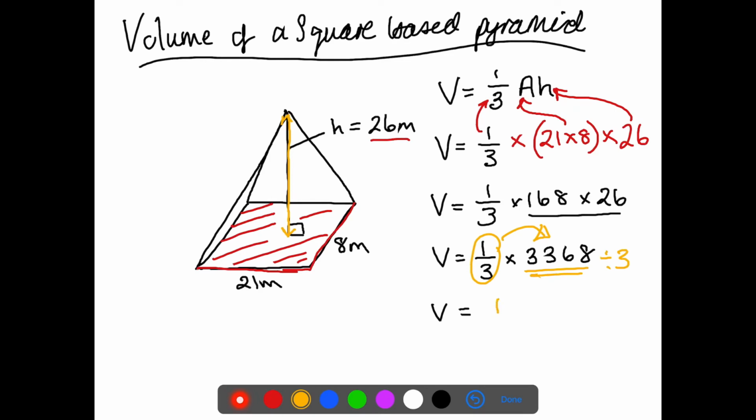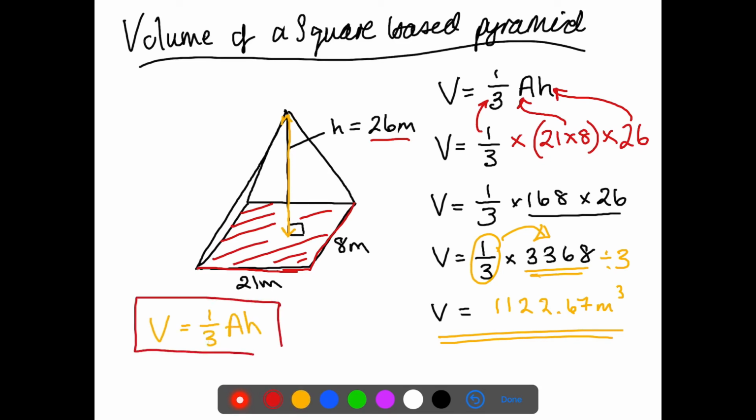So you can just divide it by 3. So your volume in total will be 1,456 meters cubed. Okay, so finding the volume of a square base pyramid isn't too hard. You just need to remember this formula, 1/3 area of the base times h. Okay, don't forget that.